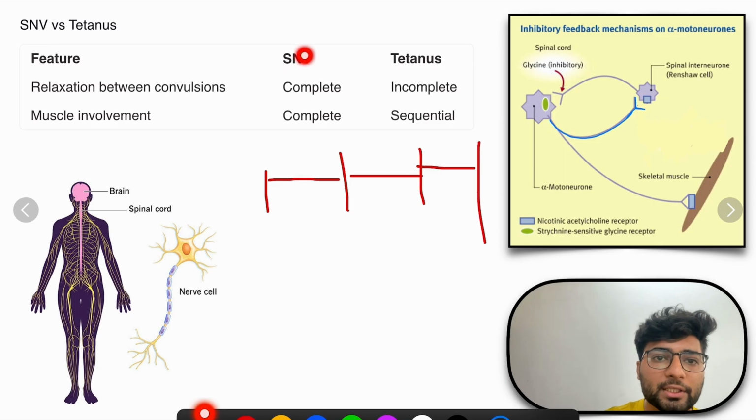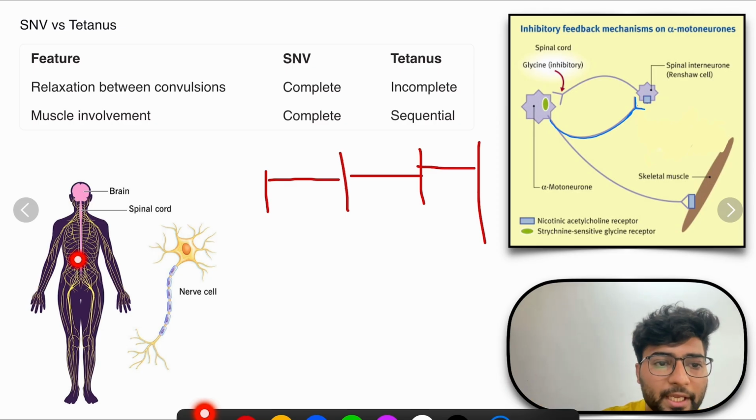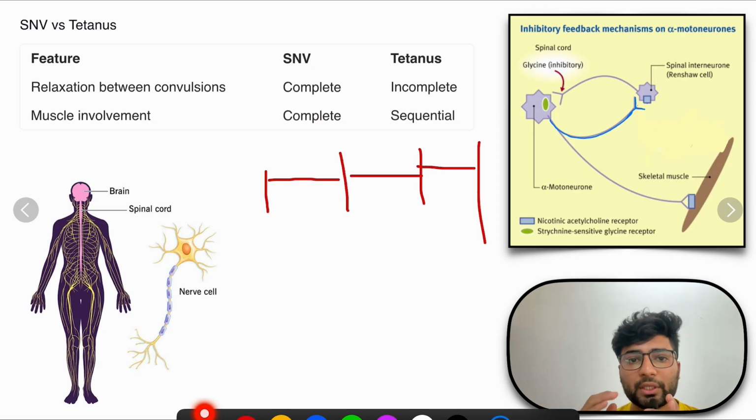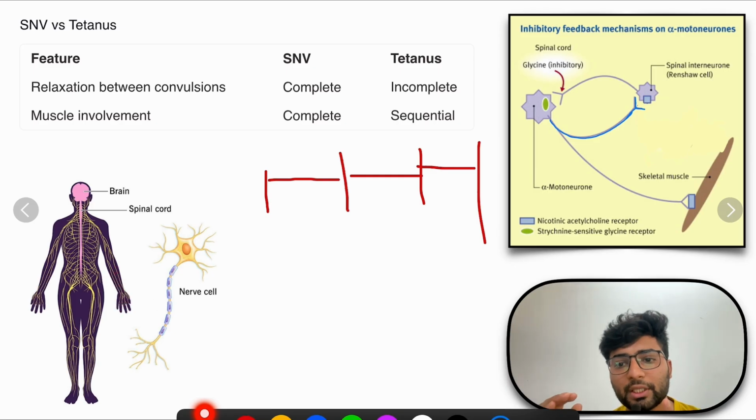While in strychnine poisoning, the poison is ingested via the GIT and reaches the blood circulation, and the poison is equally distributed. So there is complete muscle involvement. Every muscle is involved. While in tetanus, based on the nerve controlling that muscle, and the nerves being of different lengths, the poison travels via the nerves. So there is sequential muscle involvement.